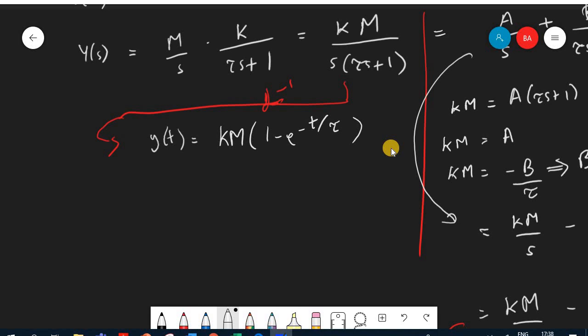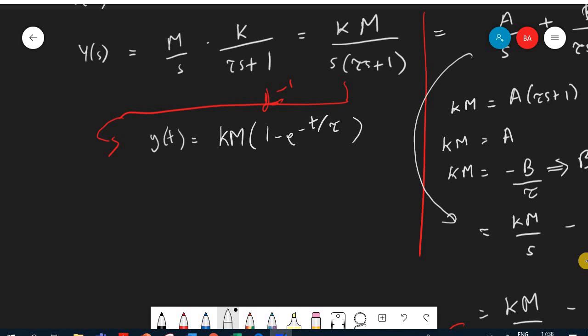I can also study that using the initial value theorem and the final value theorem, and do a lot of analysis to know how the output reacts to any change in the input. What do I mean by that? I already said step input, and the step input appears in the m value.